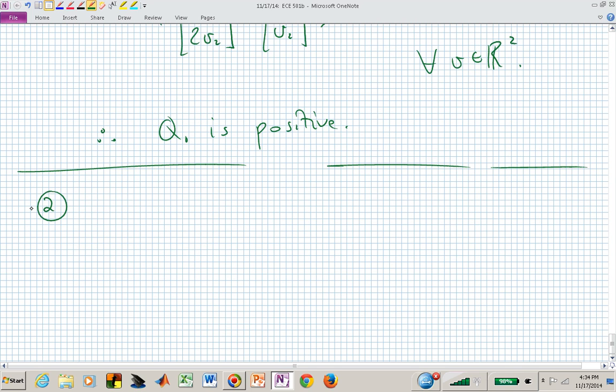Let's look at another matrix, Q sub 2: 2, minus 1, minus 1, 4. And even though it has negative elements, maybe we can still show that it's positive. Is it self-adjoint?